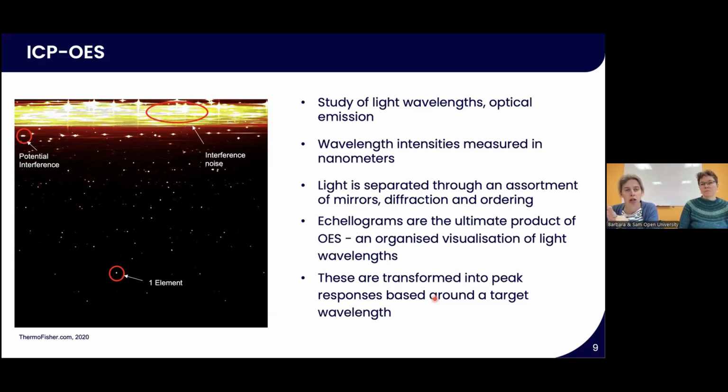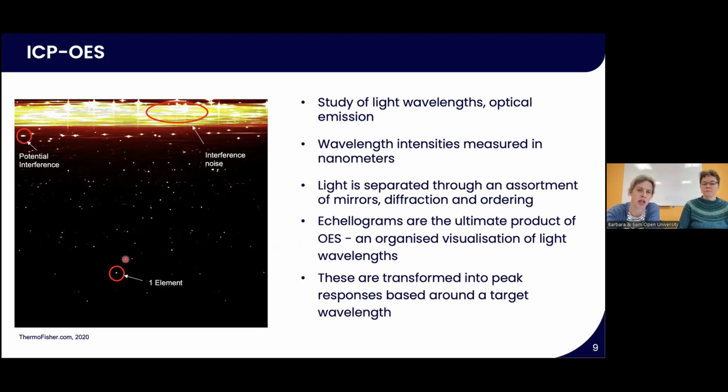So what happens in the ICP-OES is that we're measuring wavelengths of light. Different elements have characteristic wavelengths that they emit. The light is separated through an assortment of different mirrors, diffraction and gratings. The ultimate product is this oscillogram, which you can see over on the left-hand side here.